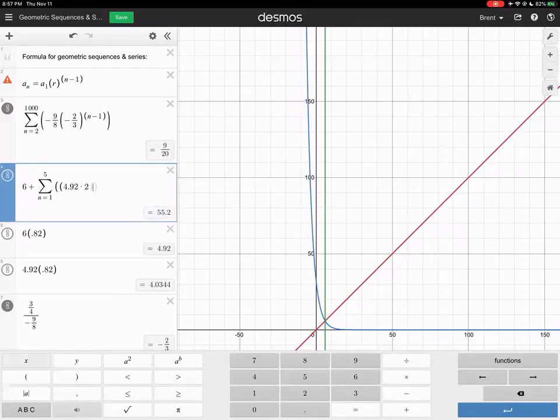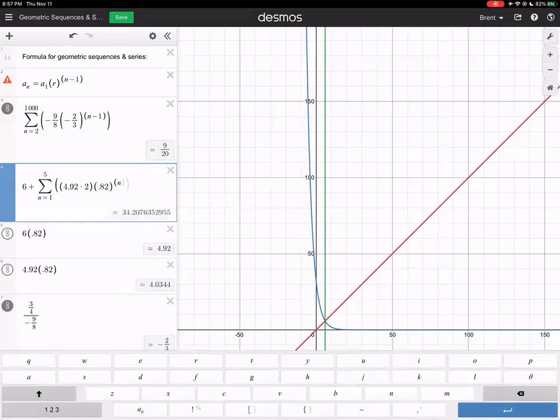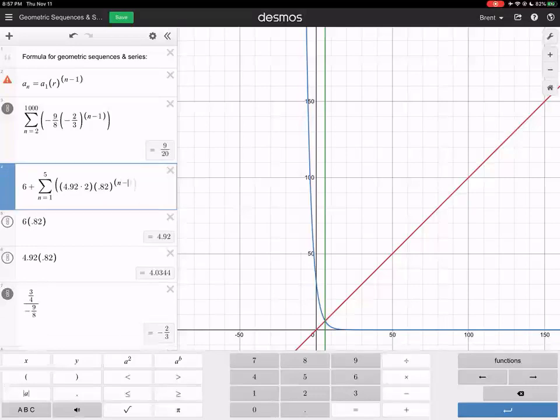And then my ratio is 0.82. I wanted that in parentheses, raised to the power of n minus 1. I need to use parentheses, n minus 1.